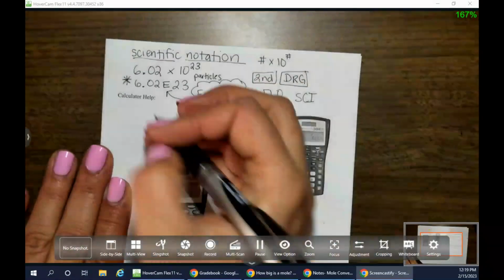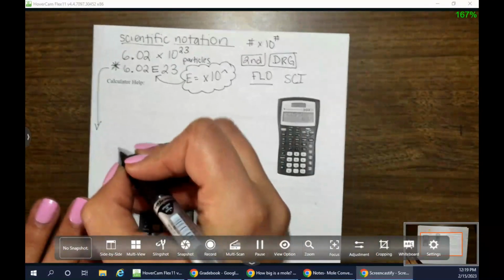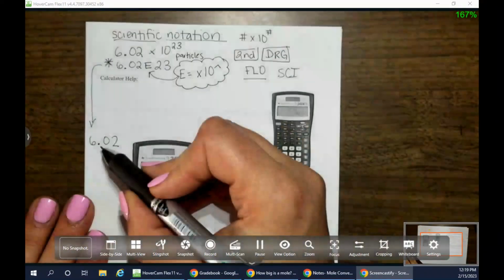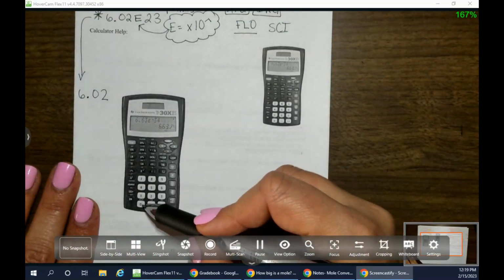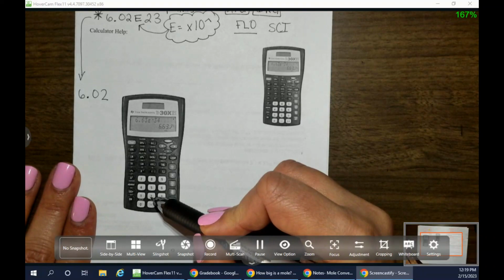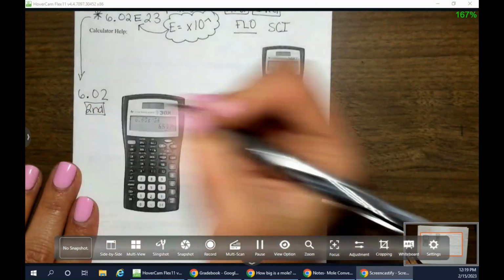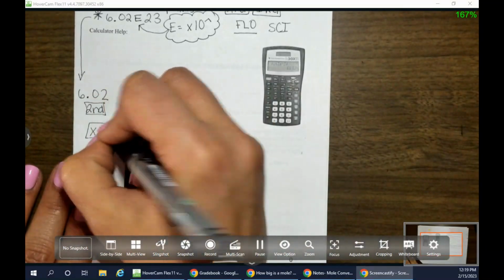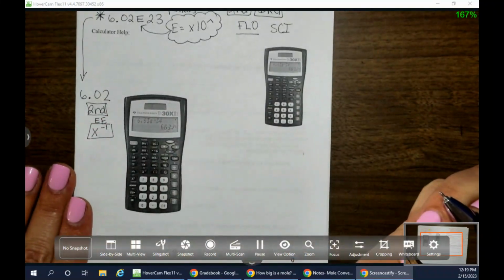Now when we go to type this into our calculator, this will consist of you typing in 6.02. I think we're all good with those buttons. So we will have 6.02, right? Then you're going to hit the second button and the x to the -1, because if you look carefully, it has two little e's on top.